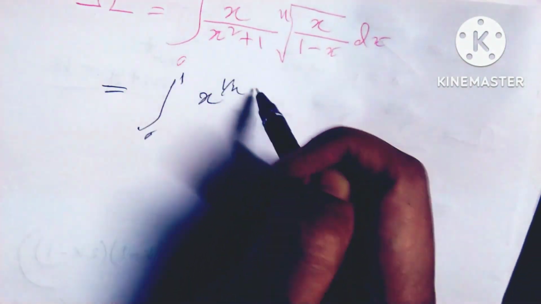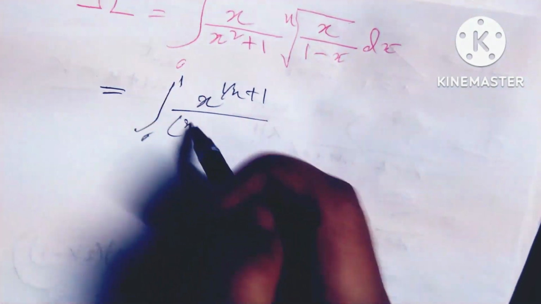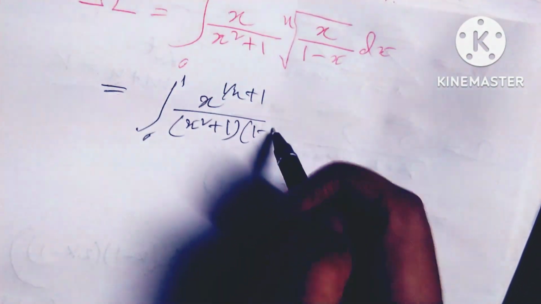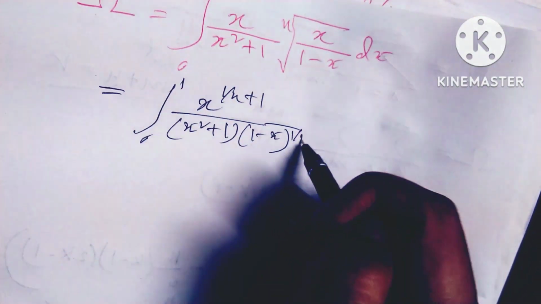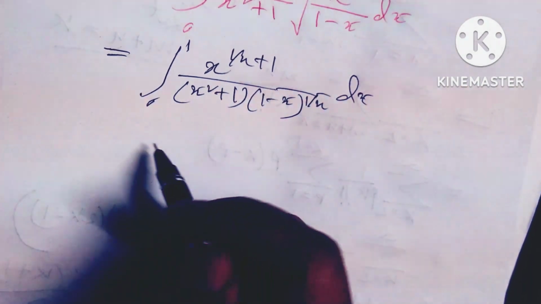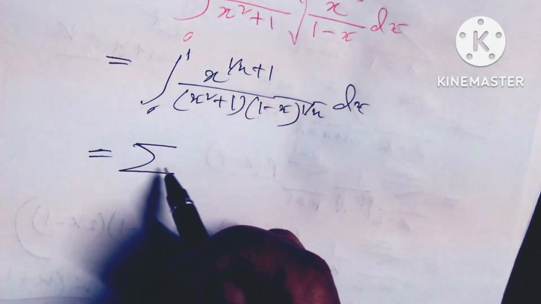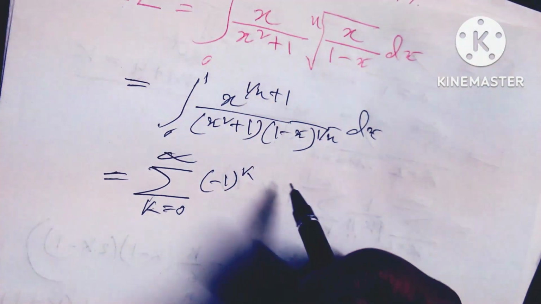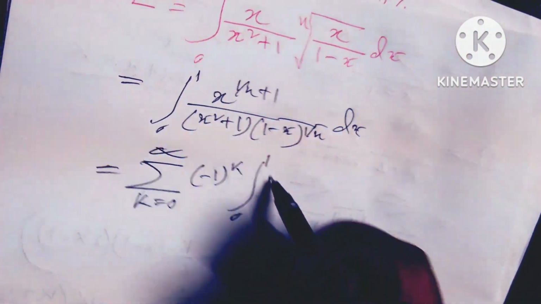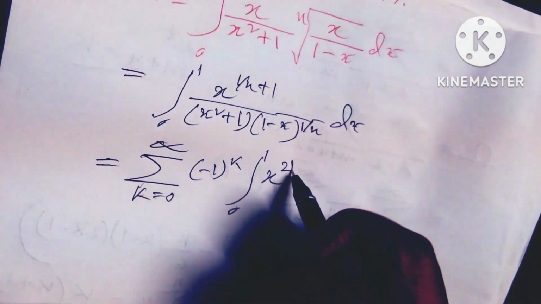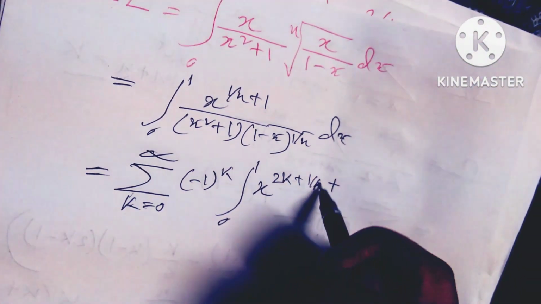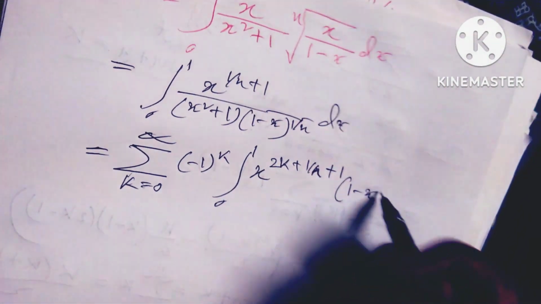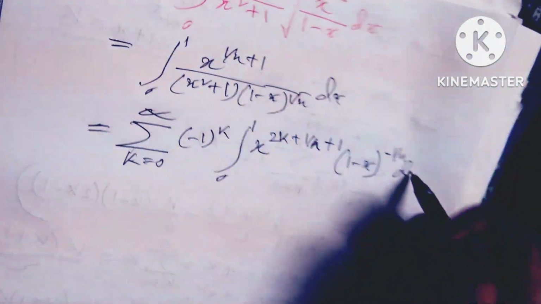So friends, it can be written as the integral from 0 to 1 of x to the power 1 by n plus 1 divided by x squared plus 1 minus x whole to the power 1 by n dx, and after that it can be written as the summation k equals 0 to infinity of minus 1 to the power k, integral 0 to 1 of x to the power 2k plus 1 by n plus 1 and 1 minus x whole to the power minus 1 by n dx.